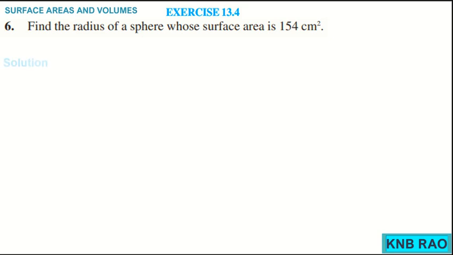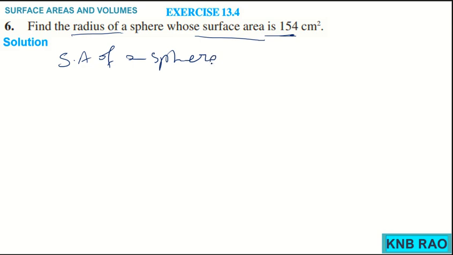So, in this question number 6, find the radius of a sphere whose surface area already they gave. So, surface area of a sphere is 4 pi r square, that is equated to 154 centimeter square.